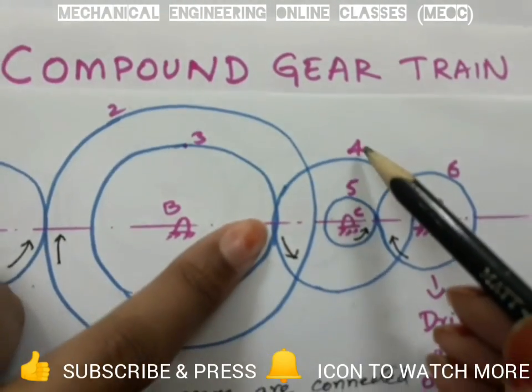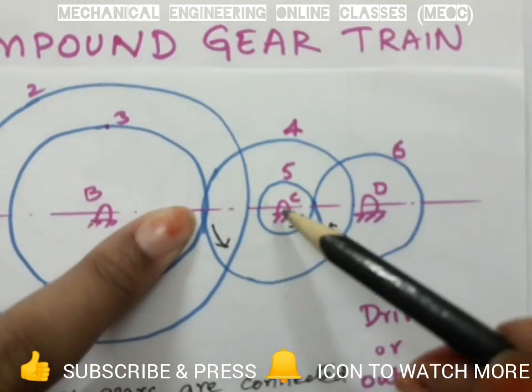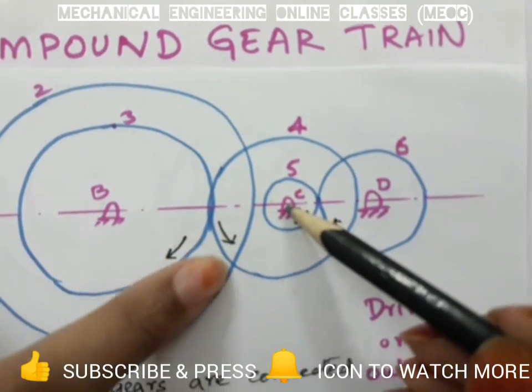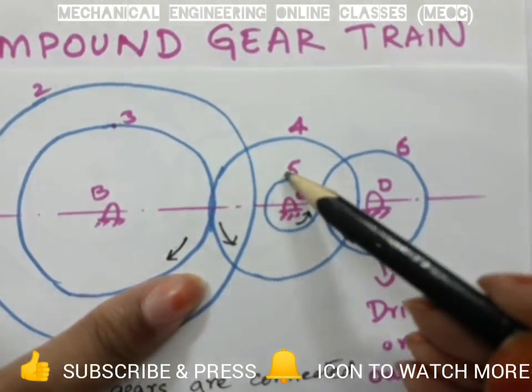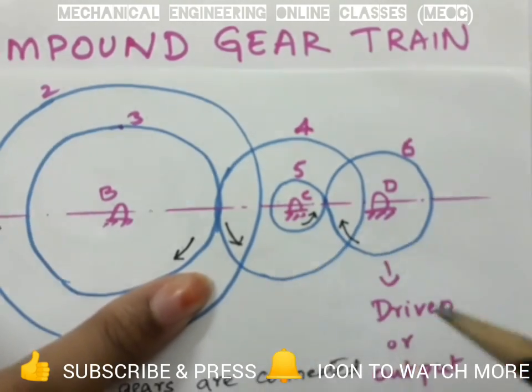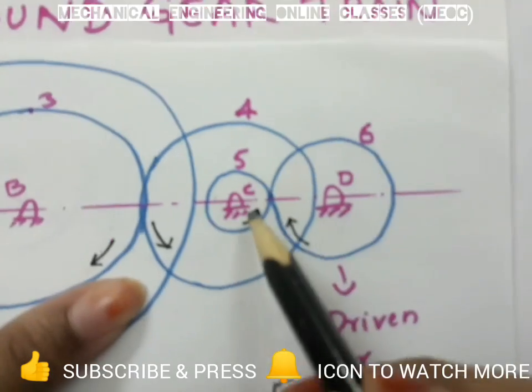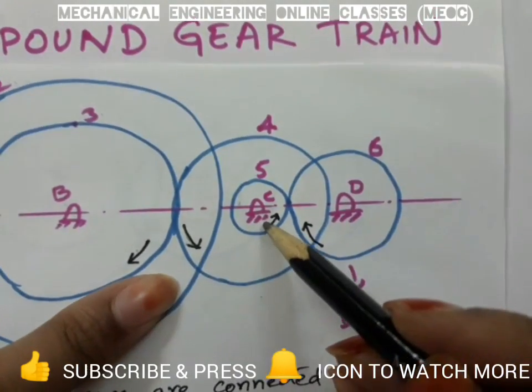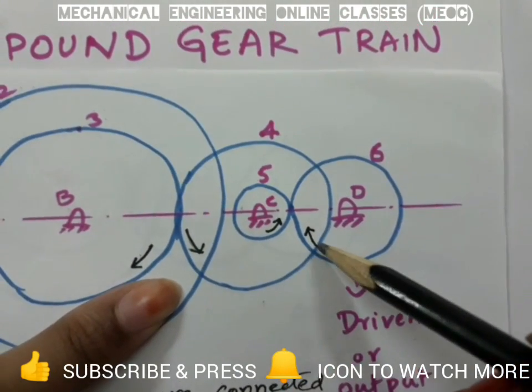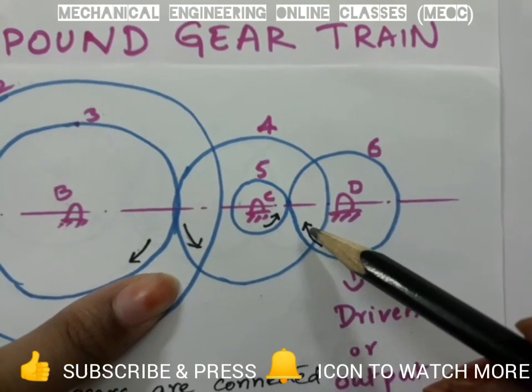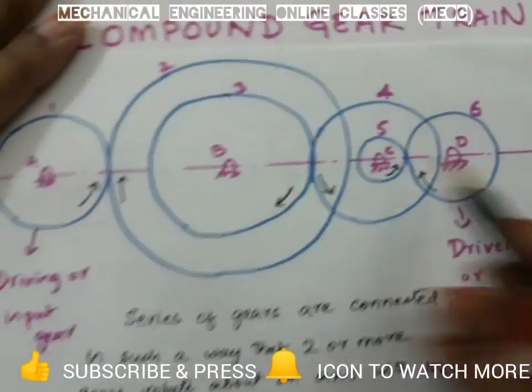Because 4 is rotating, the shaft rotates, and the fifth gear will also rotate in the same direction. Fifth gear is mating with sixth gear, so because fifth is rotating counterclockwise, gear 6 will rotate clockwise. So this is the setup.